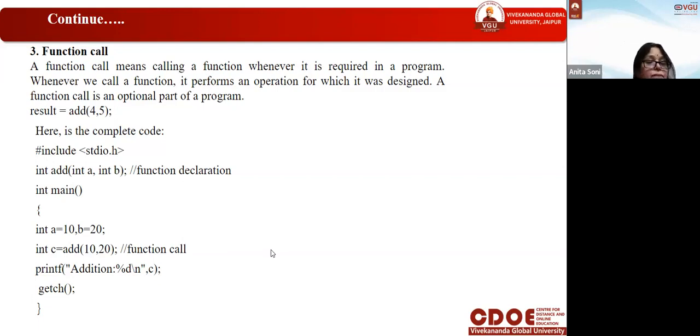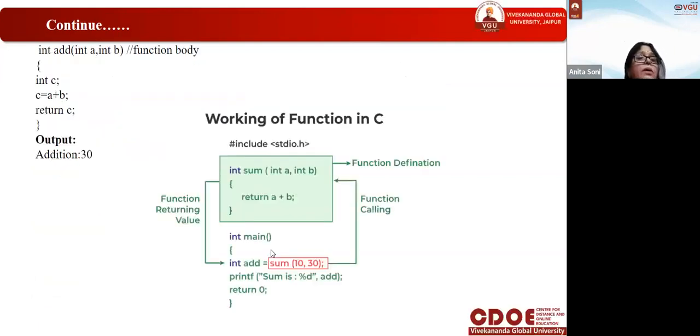Now, whenever the function gets called, it goes to the called function. What is the called function? Return type int add. Here you are also declaring variables a and b. If you want, you can give different names, but even if you give the same names, the compiler will treat them differently, because the compiler reserves memory space for function parameters differently from actual parameters.